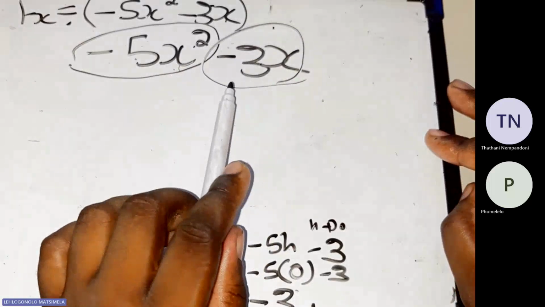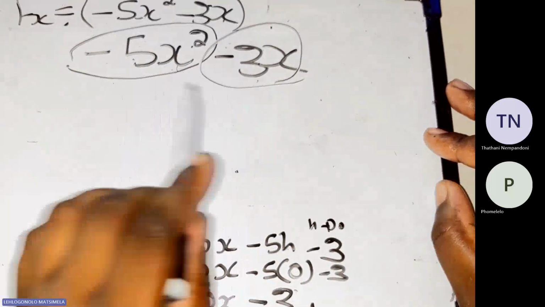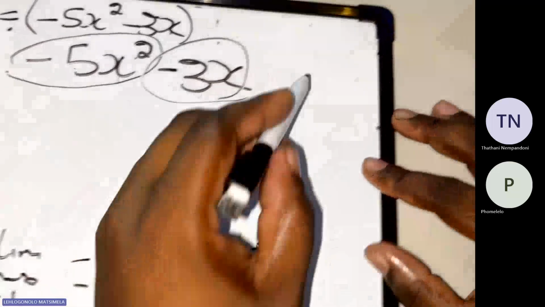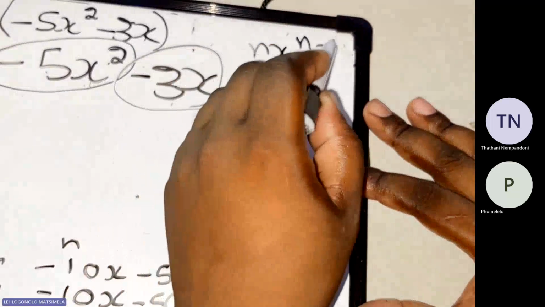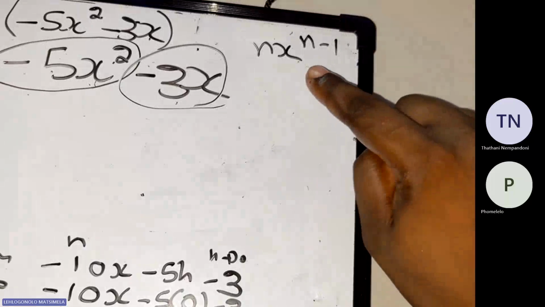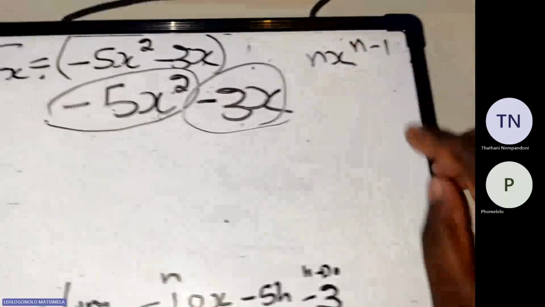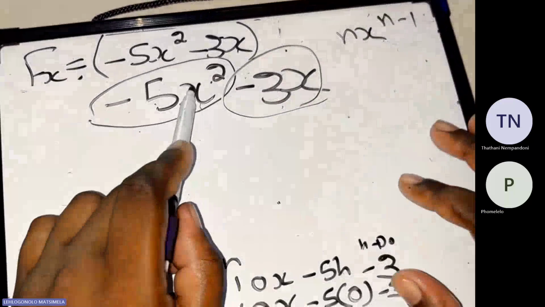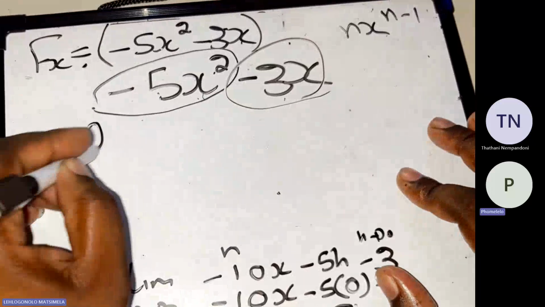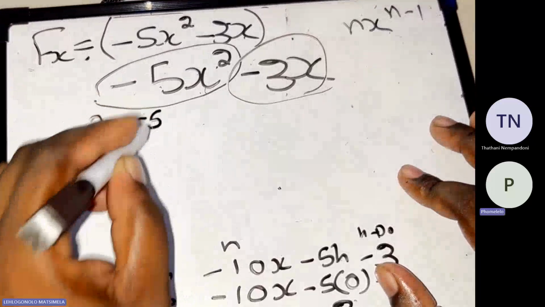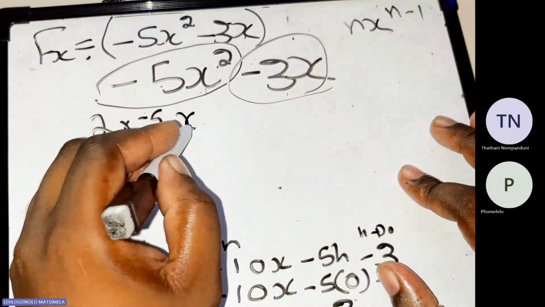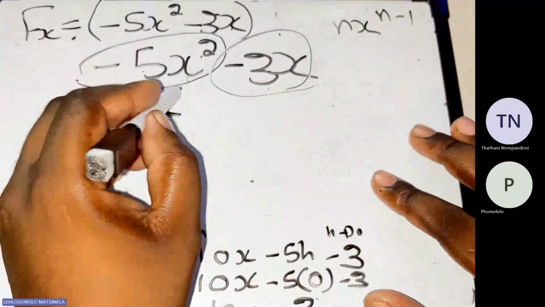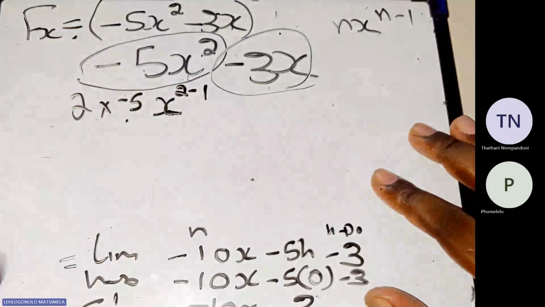So we are going independently, which means when I'm going to use the formula nx to the power n minus 1, I'm going to use this independently, n being the exponent. Now the exponent of the first part is 2. Then I will have 2 multiplied by the coefficient of x, which is 5, and then writing the x, the exponent of 2, we minus it by 1.